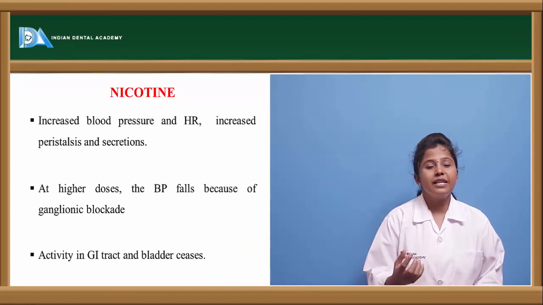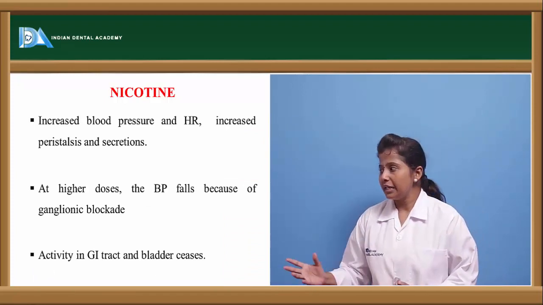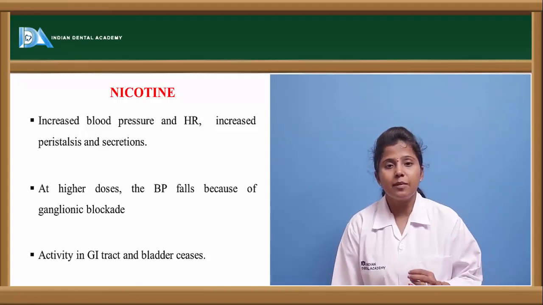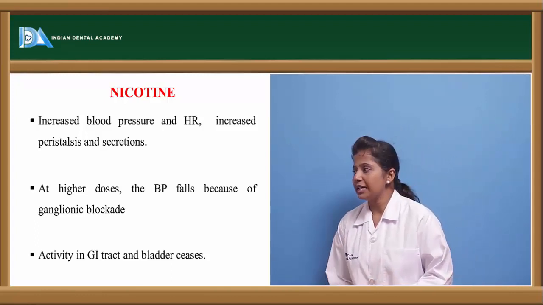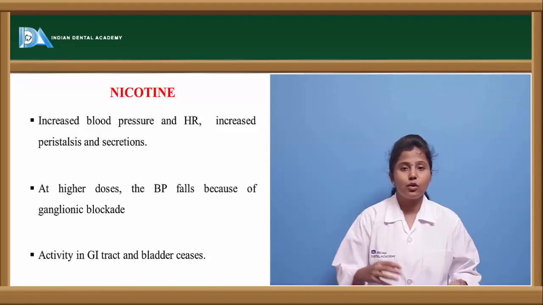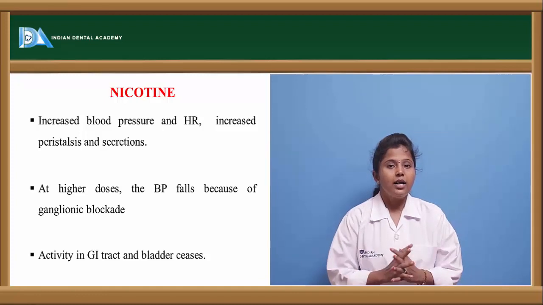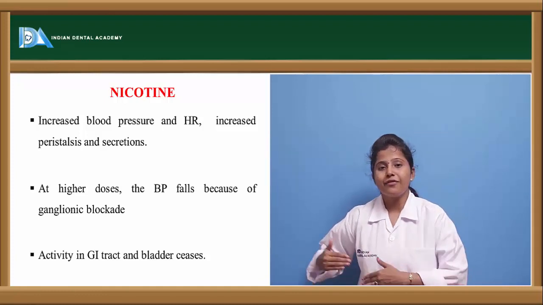When nicotine is taken into the body, it shows increased blood pressure and increased heart rate. Because of this, it causes increased peristalsis and secretions also. As this is an anti-nicotinic drug, it shows these effects of increased action.